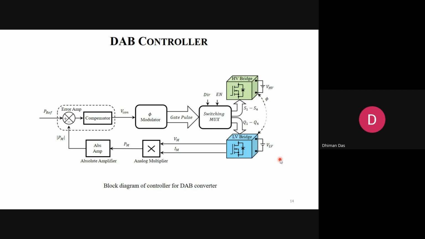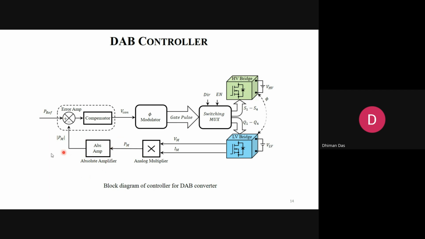When you do the reverse transfer of power from LV to HV, the sign of the power is going to change to the opposite. That means PM is going to be plus and minus, but your PI controller does not take this bipolar input. So for that I need an absolute value amplifier.